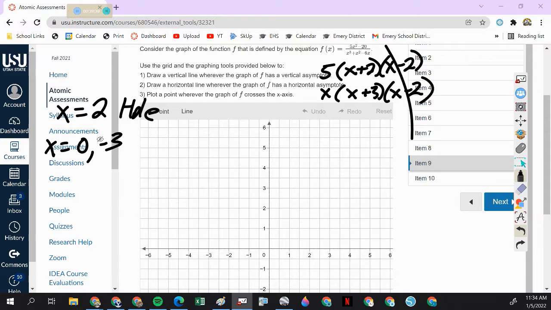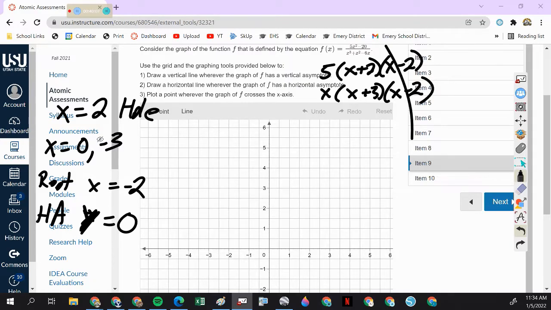And we have a root at x equals negative 2. And if you look at the original equation, we have an HA at y equals 0. Everybody follow?